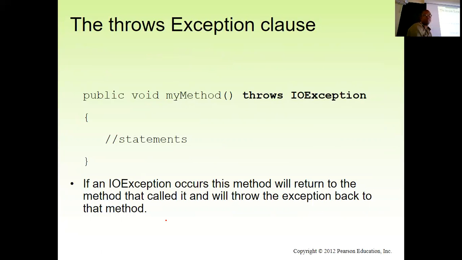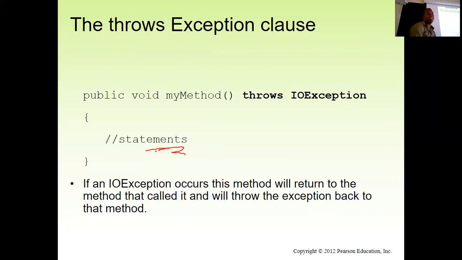So here's an example of how we could do something. Let's say my method is going to be opening a file. And I have some code inside my statements here that tries to open a file from the disk. And that can generate an IO exception, which is one of the exceptions that are checked. So unless you handle it, you can't compile.